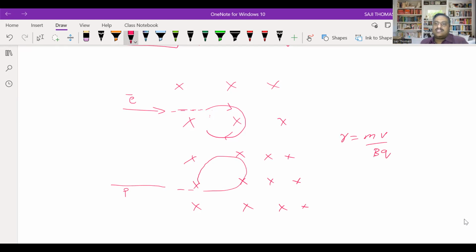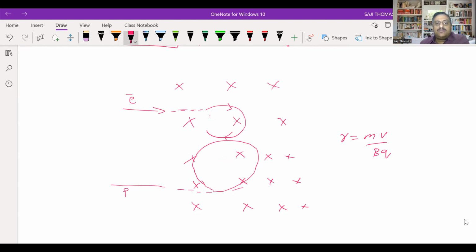Proton has more mass, so the proton radius will be more. So it will move in a circular path of larger radius, right? In this way, we can draw the path of electrons or any charge, proton, in a magnetic field.